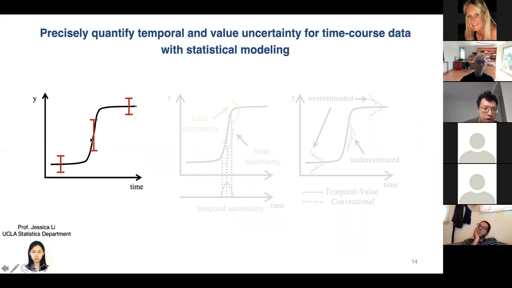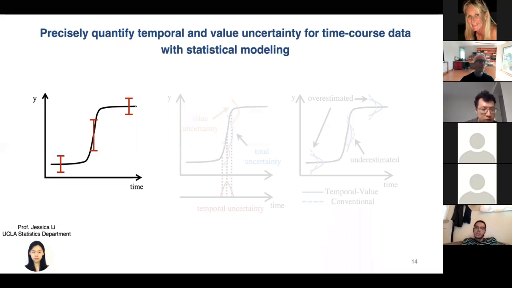What we found is that this increased error is due to the temporal uncertainties caused by sample handling or heterogeneous cell response. Then Alex, a couple of years ago, asked me, can I really accurately estimate this? At the beginning, I felt this was a really challenging task. I had no idea how to do that.